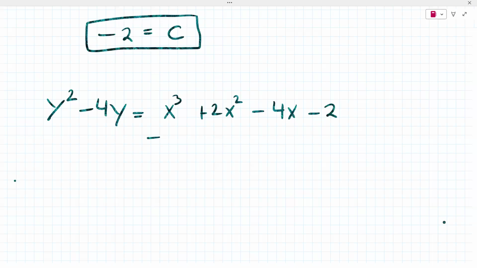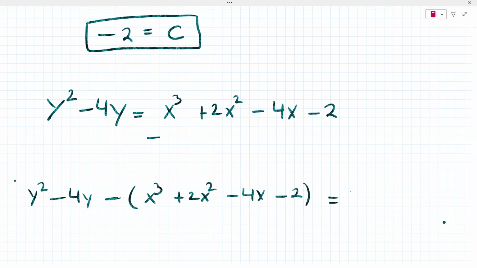So it'd be y squared minus 4y minus parentheses x cubed plus 2x squared minus 4x minus 2 equals 0.